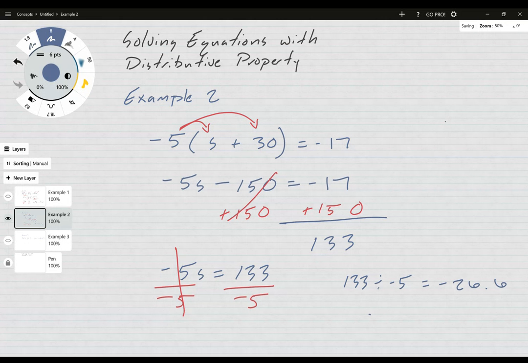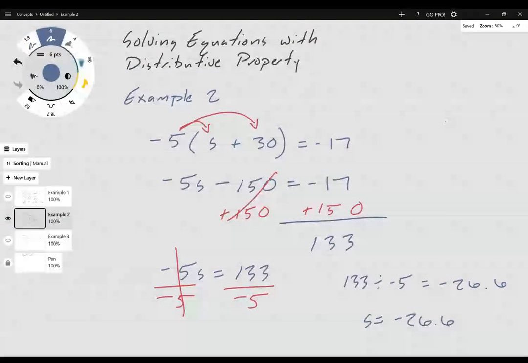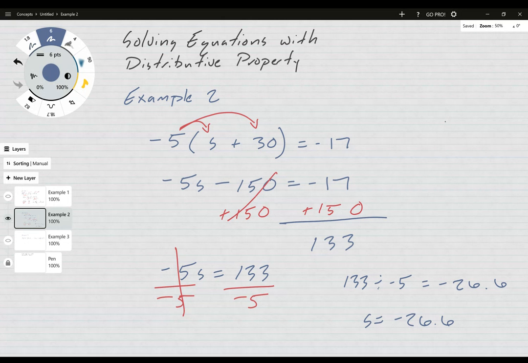So s equals -26.6. Nothing has changed except for the fact that our answer was negative because our coefficient had a negative on the outside. So we need to make sure that we're keeping track of our negative signs.